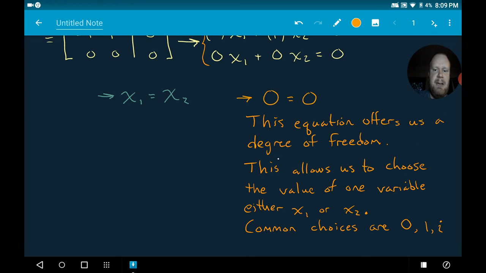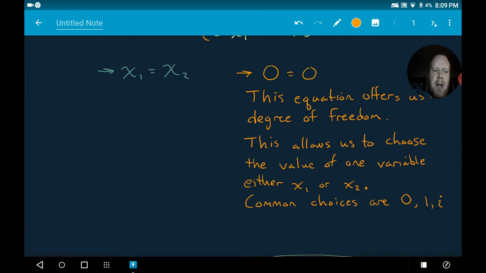So in this case, if we wanted to choose 0 for this, then x1 would be 0, and x2 would be 0, and then our eigenvector would be 0, 0. So we don't want that. Right? We don't want an eigenvector of 0, 0, since that's what we call a trivial solution.